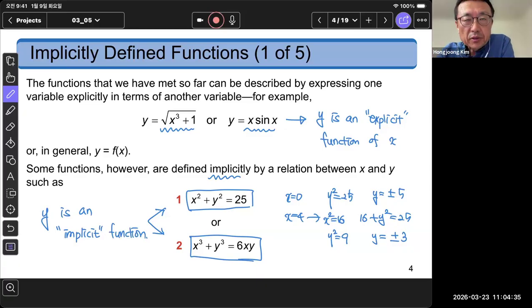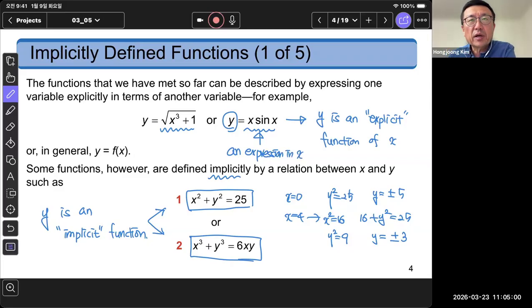Okay, so that's the difference between the explicit definition and implicit definition. In case of the explicit definition, we have an expression where y is something only in x.